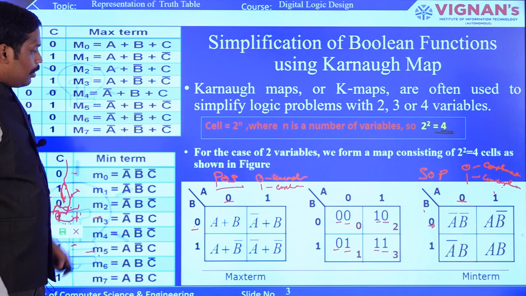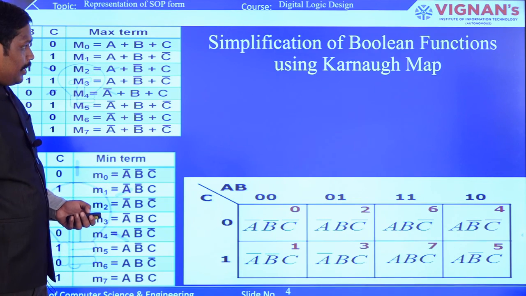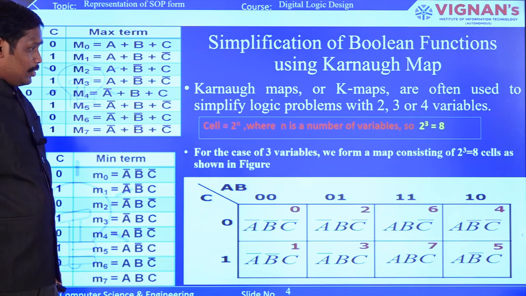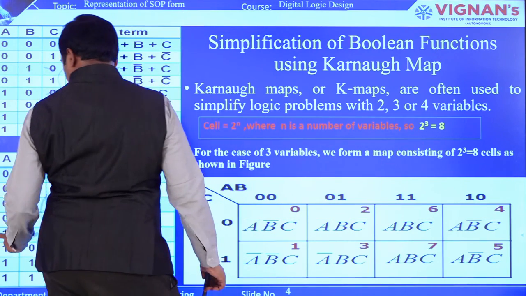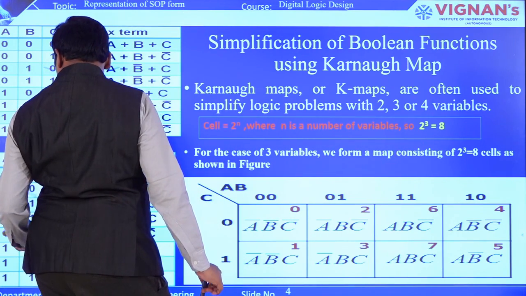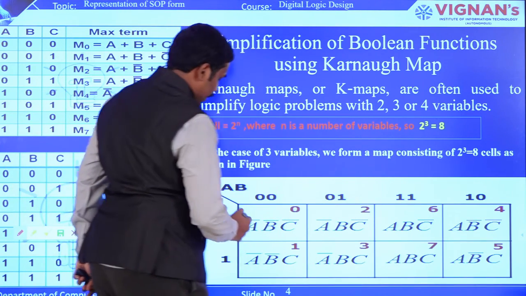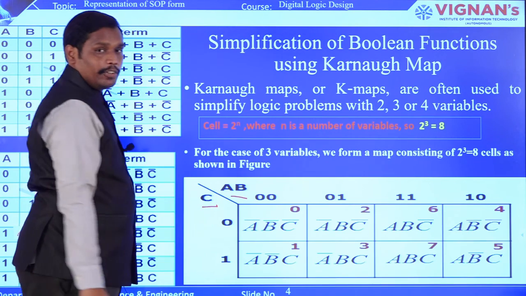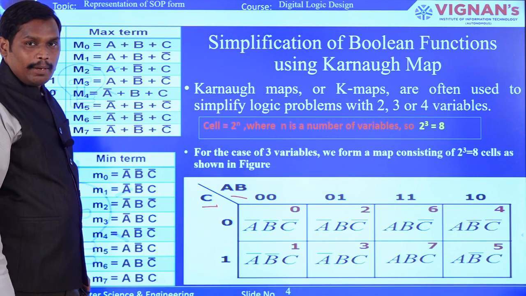Okay. Now coming to the 3 variable map. Here also, the Boolean variables that we have taken are 3 in number. Those are A, B, C. These are the 3 variables that you have taken for the Boolean function, and now we are going to construct a Karnaugh map with 3 variables.